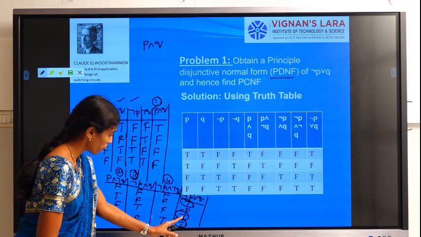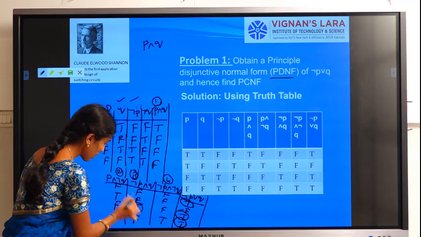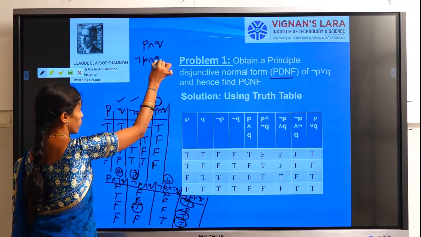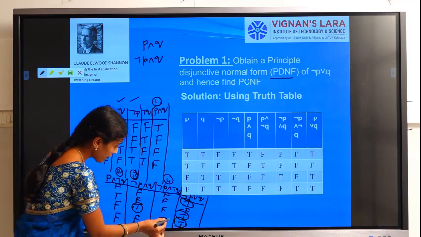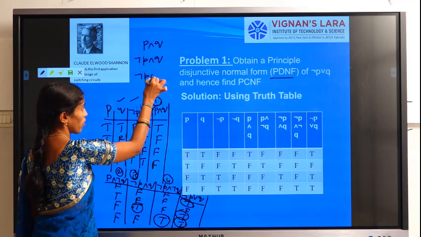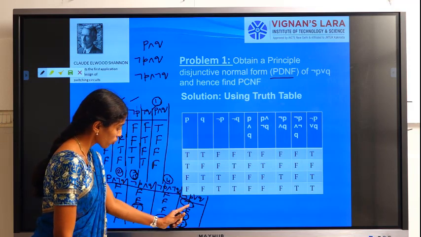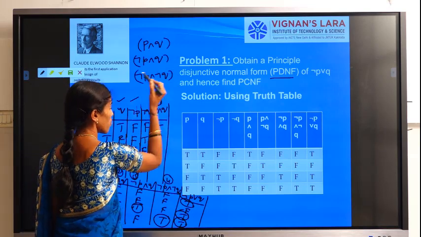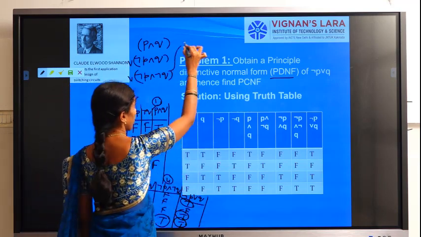Corresponding to this T, the min term is the third min term, here it is available, and the corresponding min term is negation P and Q. Next, corresponding to the last T, the min term which is T is this one, and its corresponding min term is negation P and negation Q. These are the min terms where the given proposition truth values are T. Now, by joining these min terms using the disjunction symbol, we will get the corresponding PDNF.